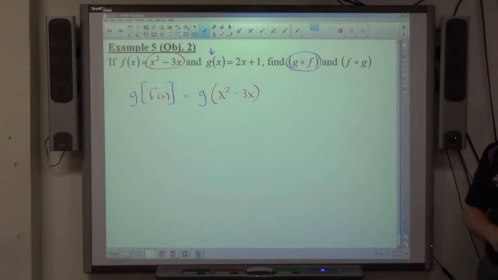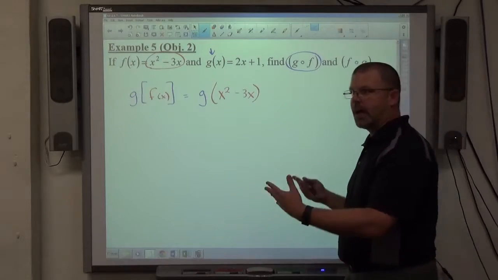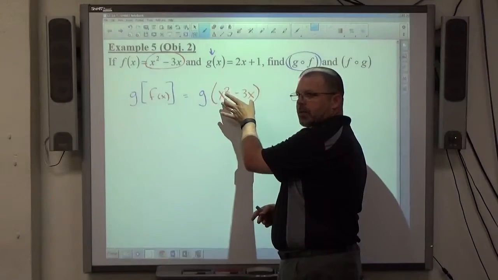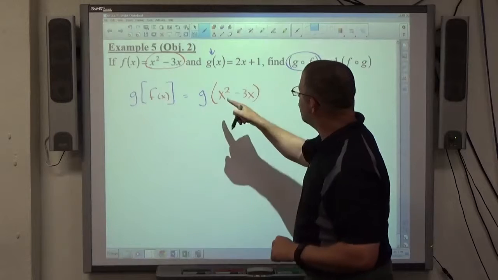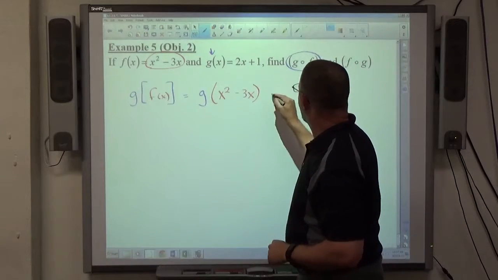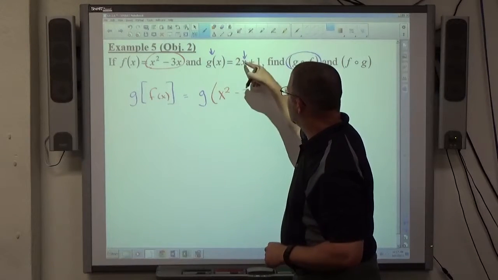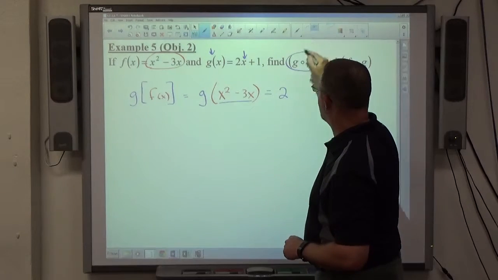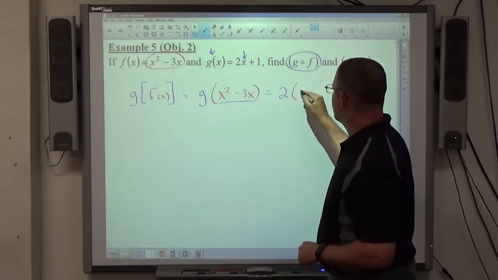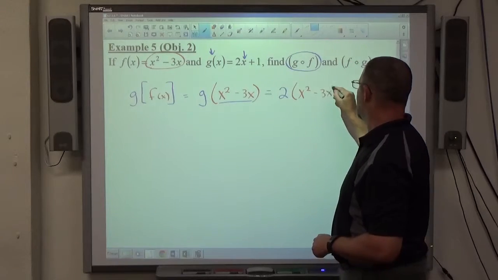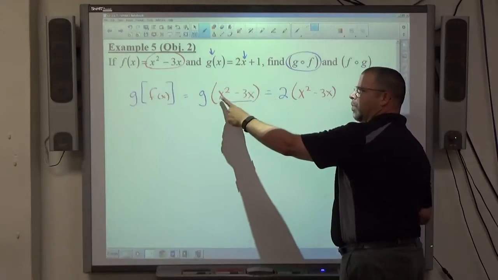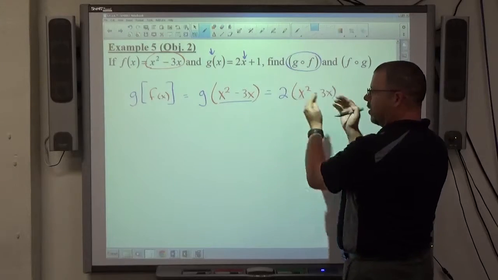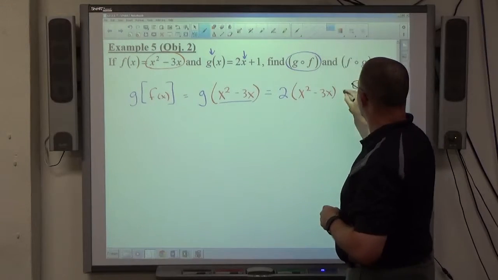And that's no different than stuff we've already done this year. We've done functional values where we had to stick some weird expression in for x. So if I'm doing g of that thing, I go up to function g, changing x into x squared minus 3x. So 2 stays 2, being multiplied by x's new expression, which is now x squared minus 3x. I'm replacing one object x with multiple objects, so I use parentheses around the substitution, plus 1.